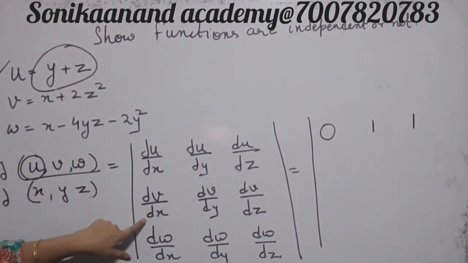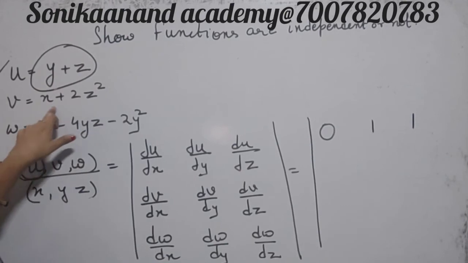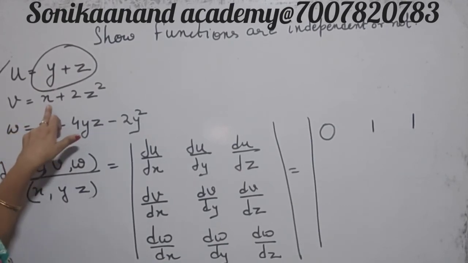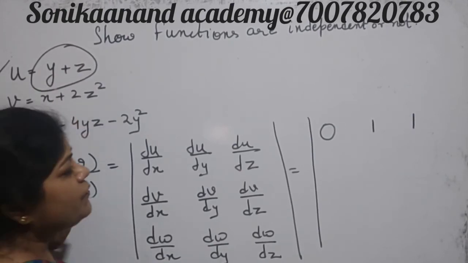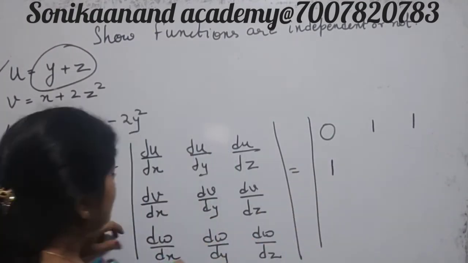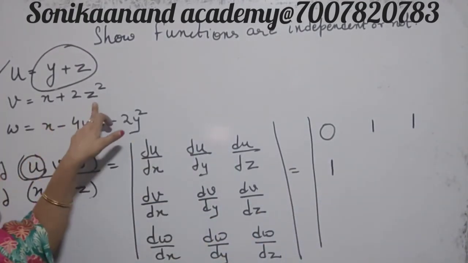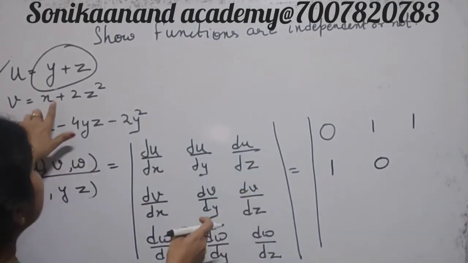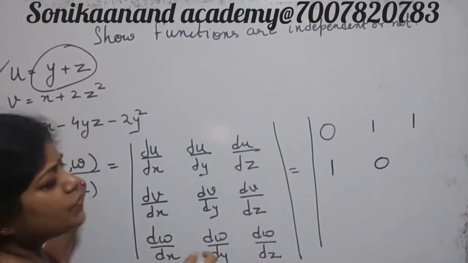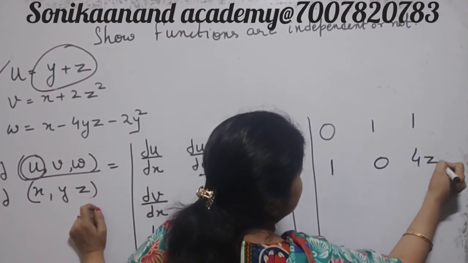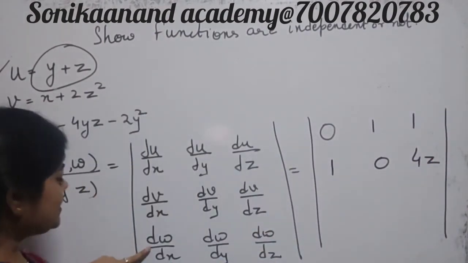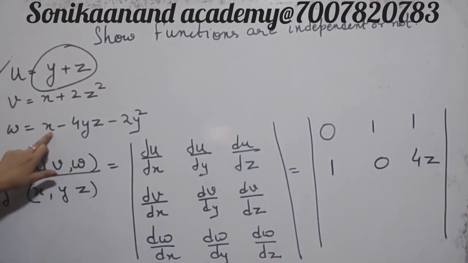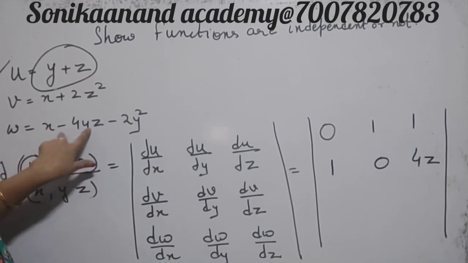Now dv by dx, that means this one. So here we have x, that is 1, and here we have 0. So we are left with 1. Now dv by dy, there is no term which contains y, so we get 0. Now dv by dz, we get 4z. Now in the last one, dw, here we have x and here no x.